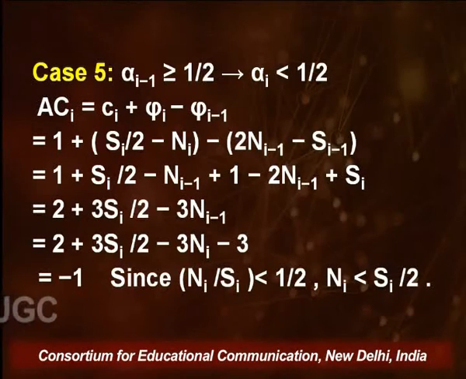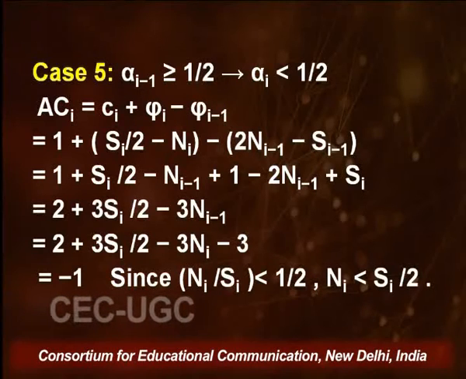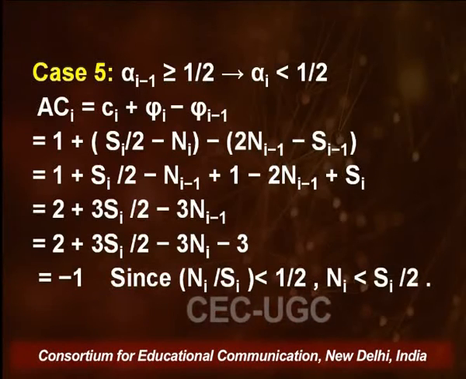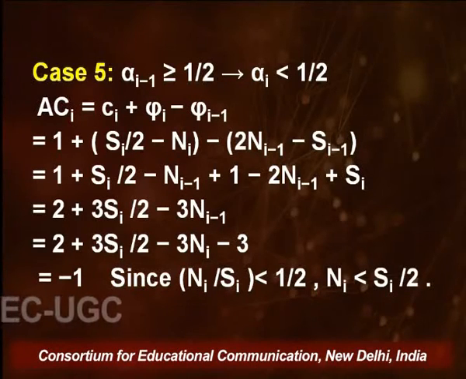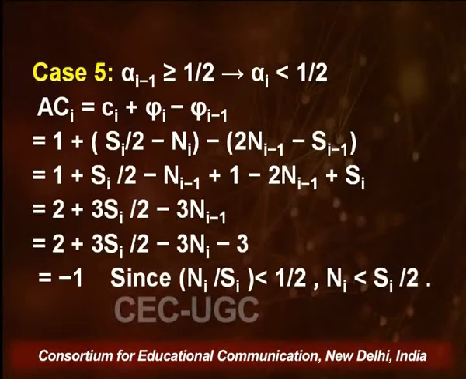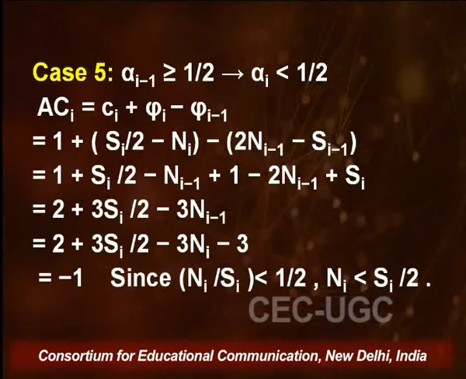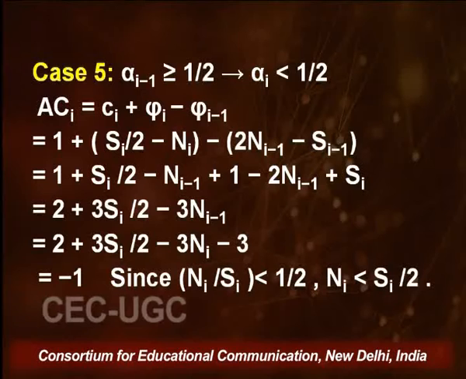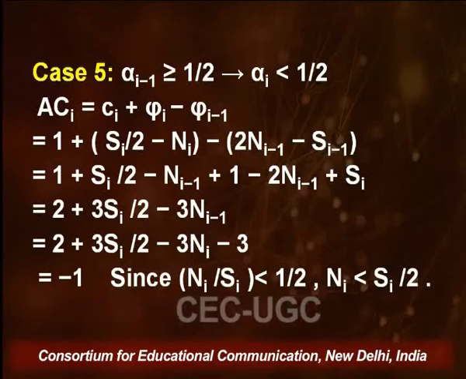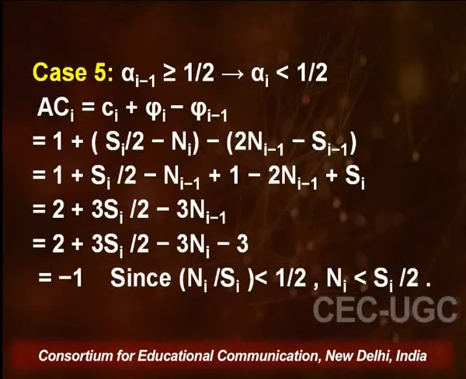We have just put in the values. Now, let us see what tweaking we can do in the values. So, 1 plus s i by 2 as it is in the next step, then n of i can be written as n of i minus 1 minus 1, because deletion is going to give you one element less.